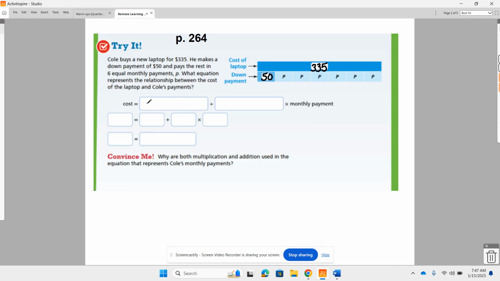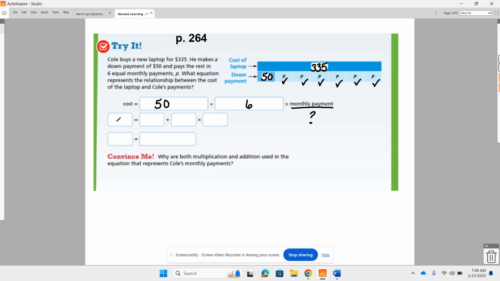So our cost is equal to $50, our down payment, plus how many months? 1, 2, 3, 4, 5, 6. So 6 monthly payments of some amount. I don't know what this value is. I'm going to try to figure it out. So this is the model for the equation.